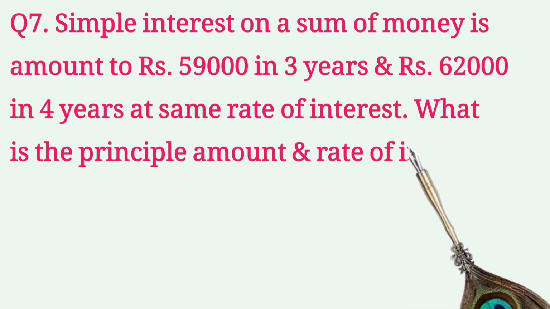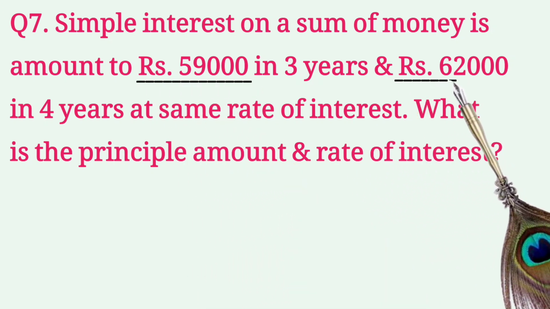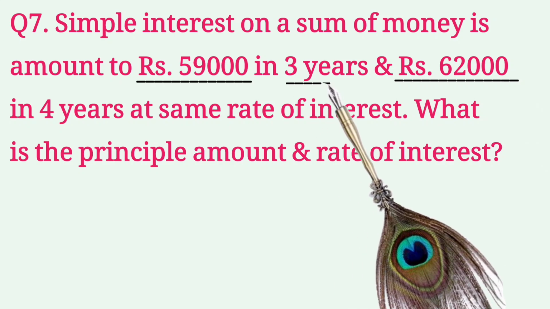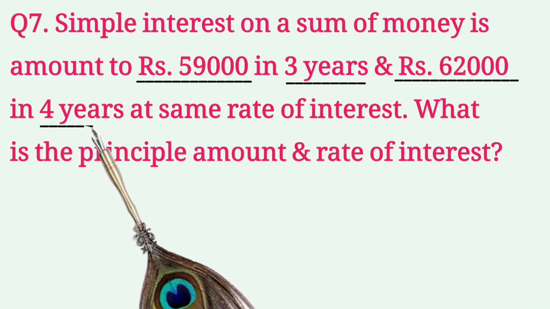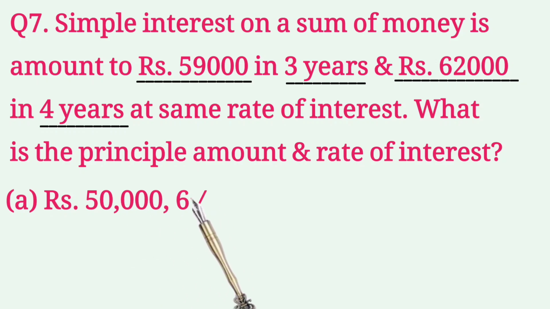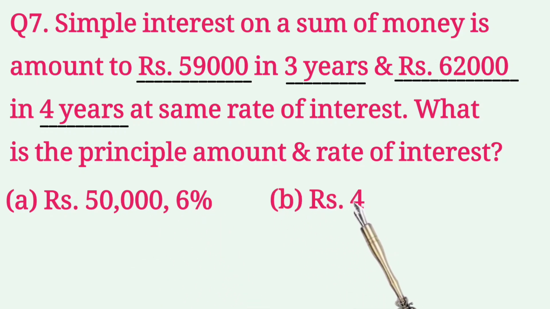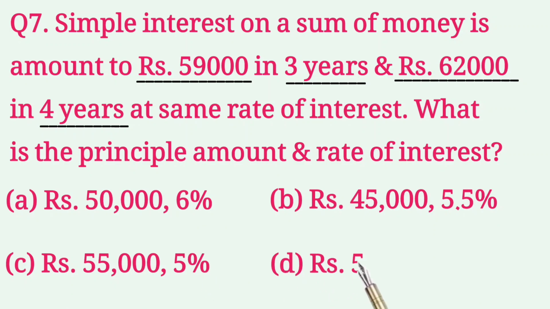Here A1 is 59,000, A2 is 62,000, T1 is 3 years and T2 is 4 years. The options are: option A rupees 50,000 and 6%, option B 45,000 and 5.5%, option C rupees 55,000 and 5%, option D 52,000 and 7%.